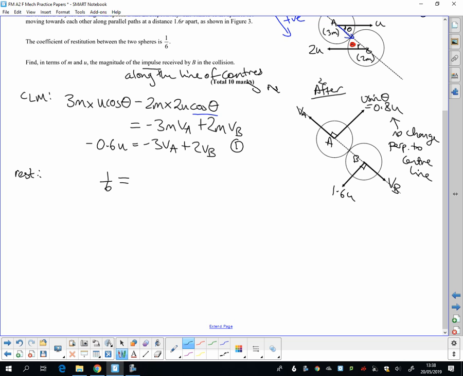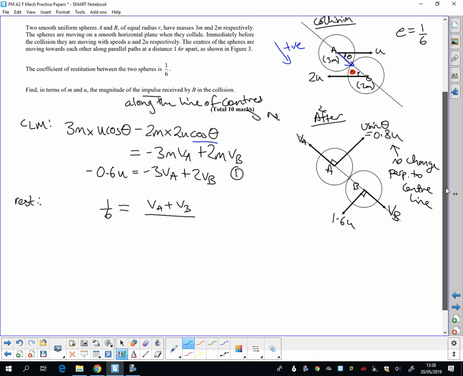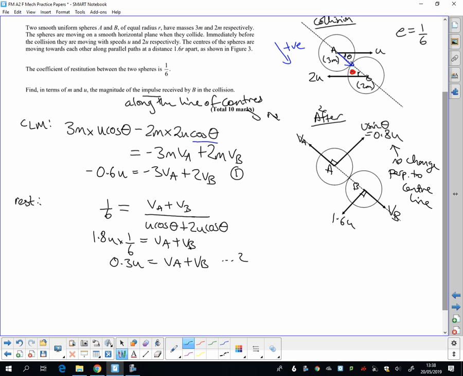Now they're moving apart, which means the speed of separation is VA plus VB, and when they're going towards each other, the speed of approach is done by adding the two components of speed in that direction as well. So again, I can substitute in for cos theta. This is going to be 3u cos theta, which is 1.8u, times a sixth is VA plus VB, which is going to give me 0.3u is VA plus VB, which is going to be my second equation.